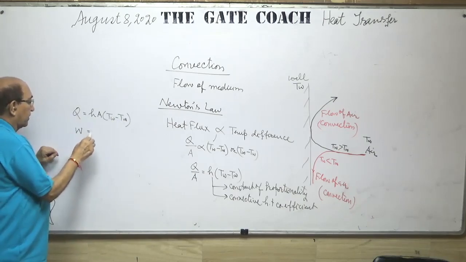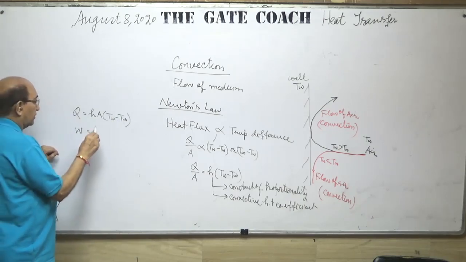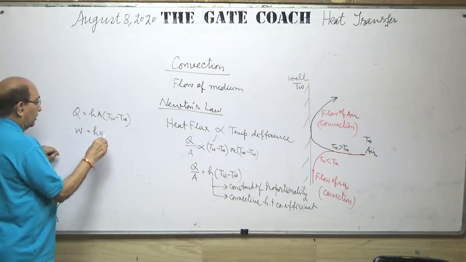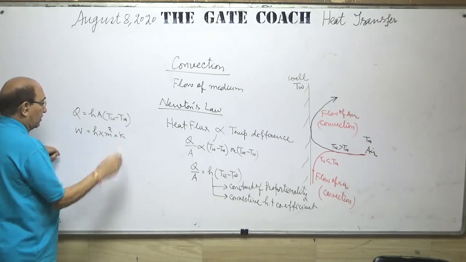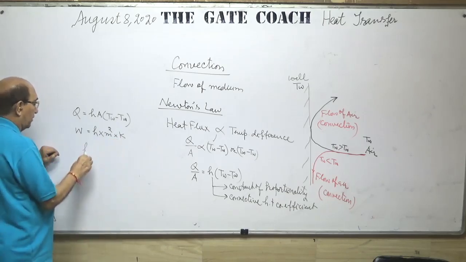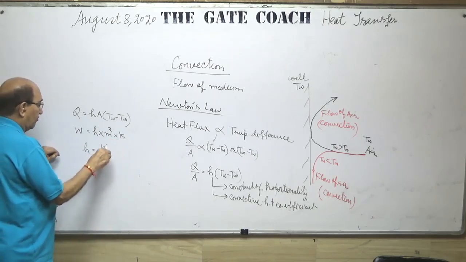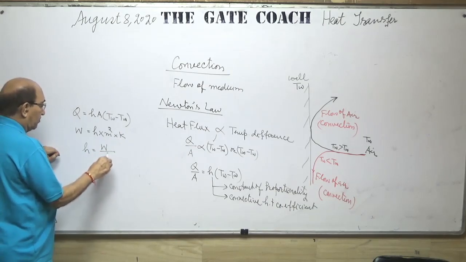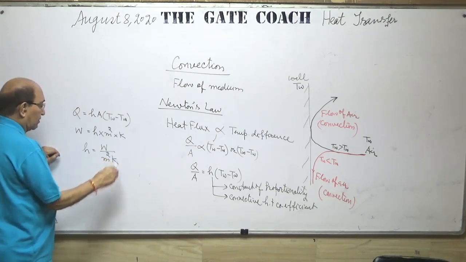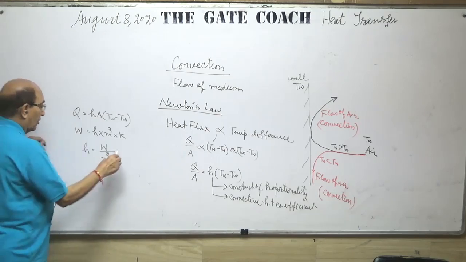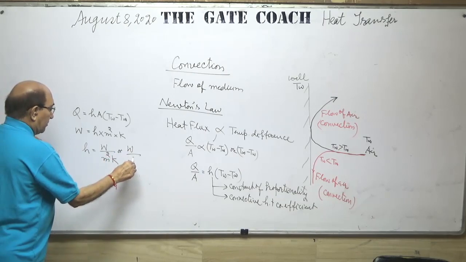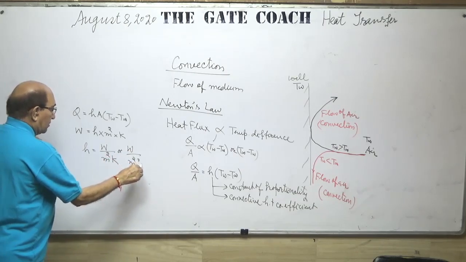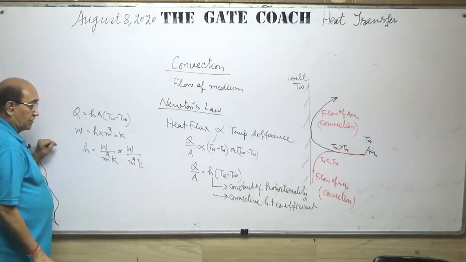Q is joule per second, watt. H we are interested to know. Area in meter square. Temperature difference in Kelvin. So H shall become watt per meter square Kelvin, or watt per meter square degree centigrade.